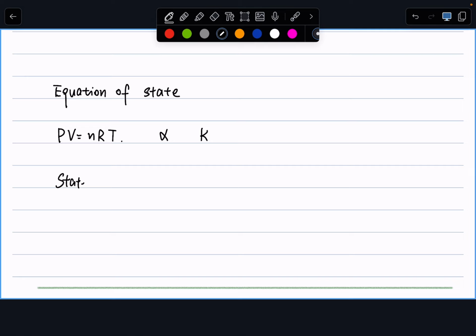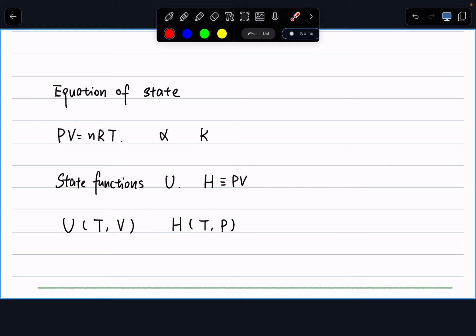Now we have state functions, for example, internal energy or enthalpy, right? These are state functions that are in some kind of relationship with my temperature, pressure, or volume. So in our setup, we typically write internal energy as a function of temperature and volume, and enthalpy as a function of temperature and pressure.